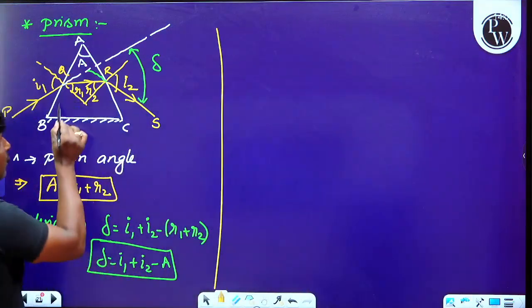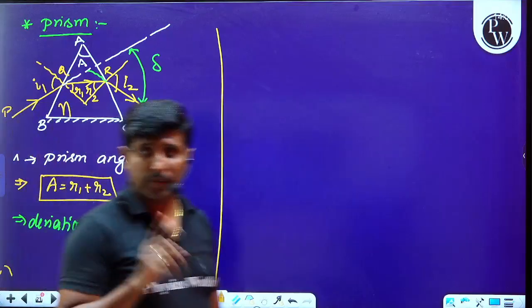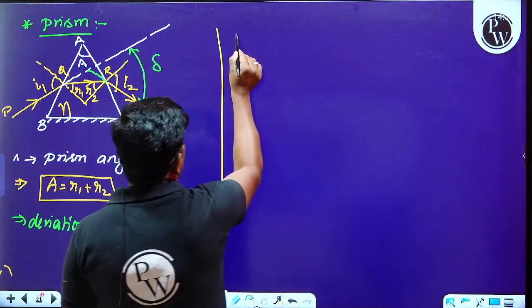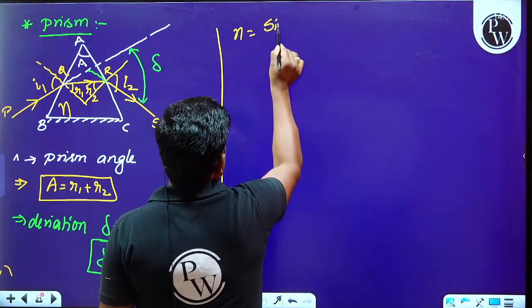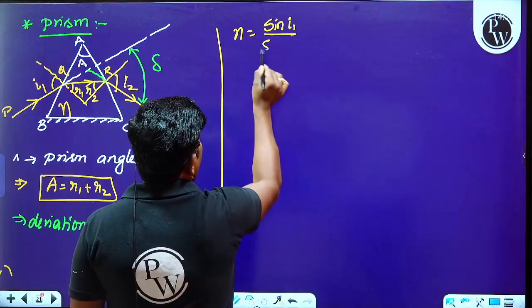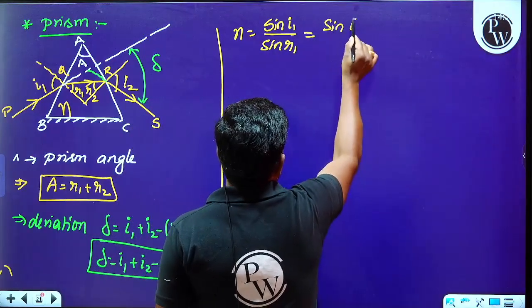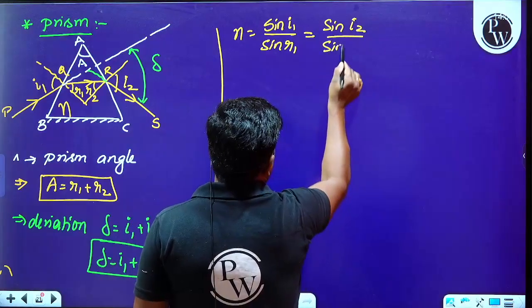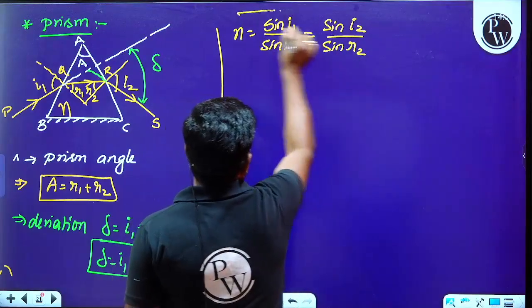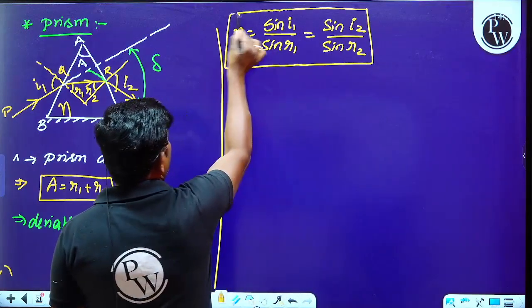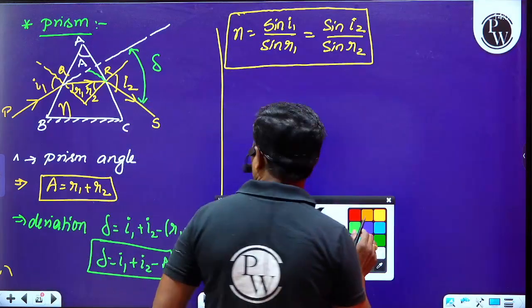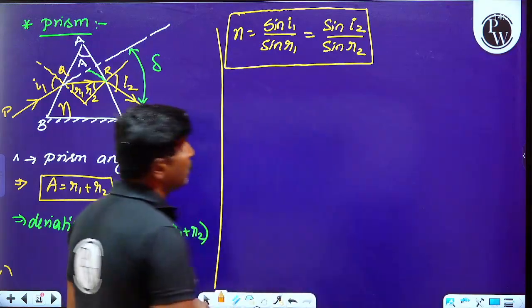If n is the refractive index of the prism, then n can be written as sin I1 by sin R1, which is equal to sin I2 divided by sin R2. That is the refractive index of the material of the prism.